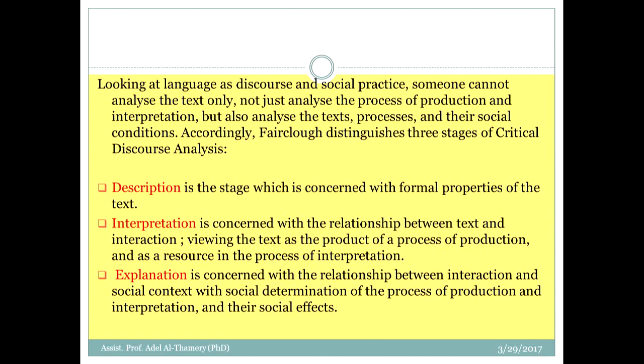Number one is the dimension of description. That is to say, the description of the formal properties of the text. So in this stage, the emphasis of the analysis is on the linguistic and formal properties, that is to say, on the textual level.